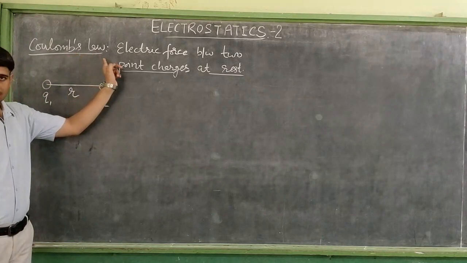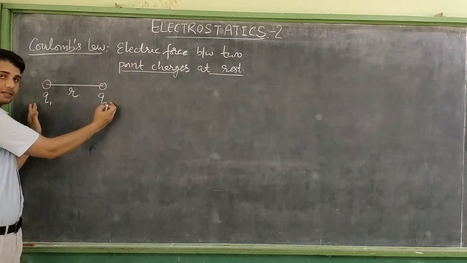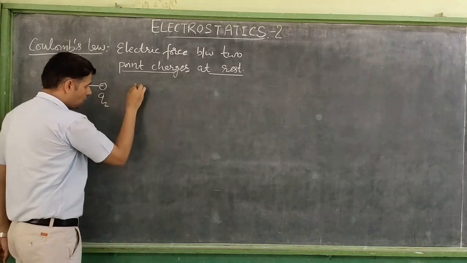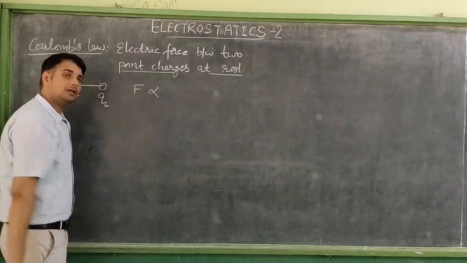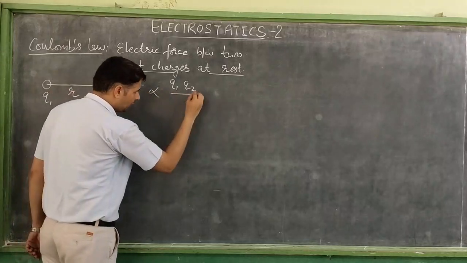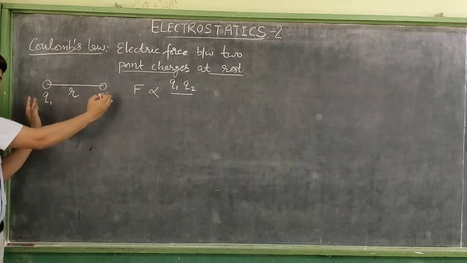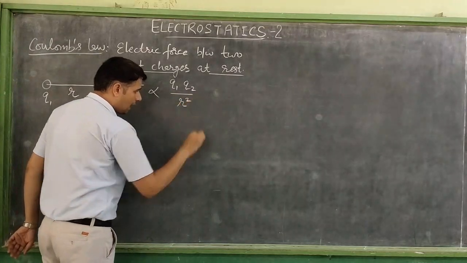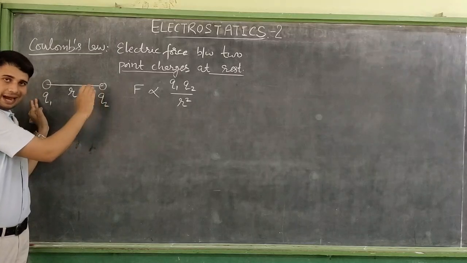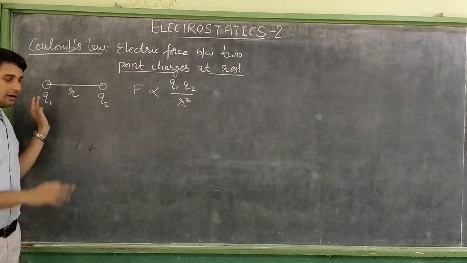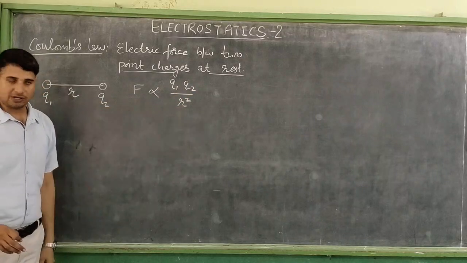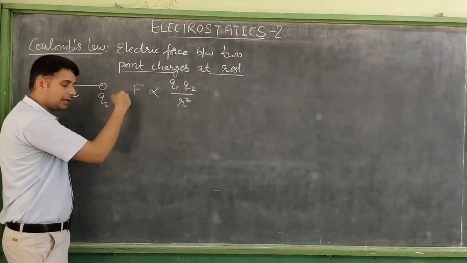Coulomb's law states that the electric force F between these two point charges at rest is directly proportional to the product of their charges, Q1 multiplied by Q2, while it is inversely proportional to the square of the separation between them, so 1 by r square.